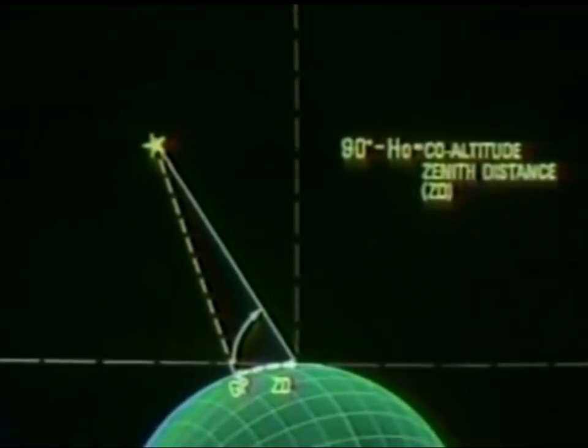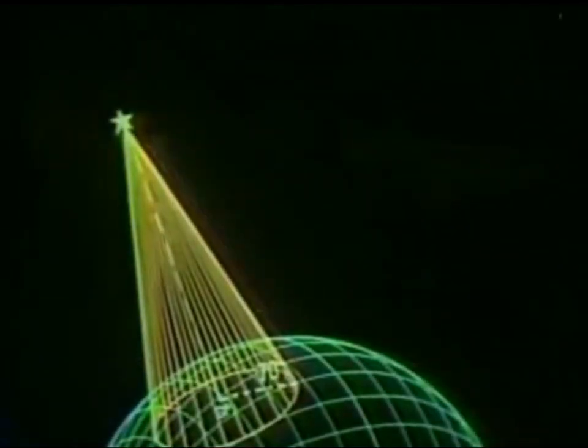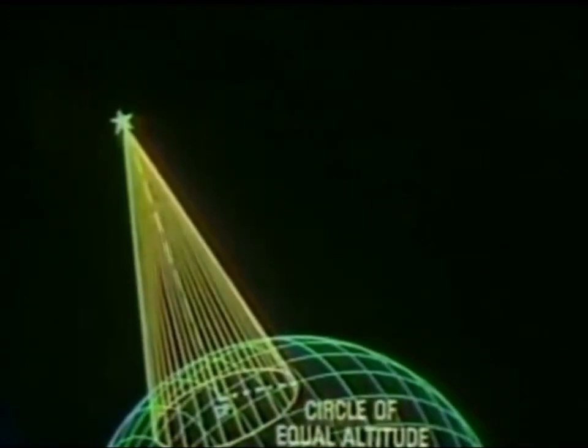Let's say you have obtained a sextant observation of 70 degrees on a star. You can see that a 70-degree measurement can be made from any number of points. You immediately know that you are someplace on this circle, called a circle of equal altitude. This is the first step toward determining a line of position.